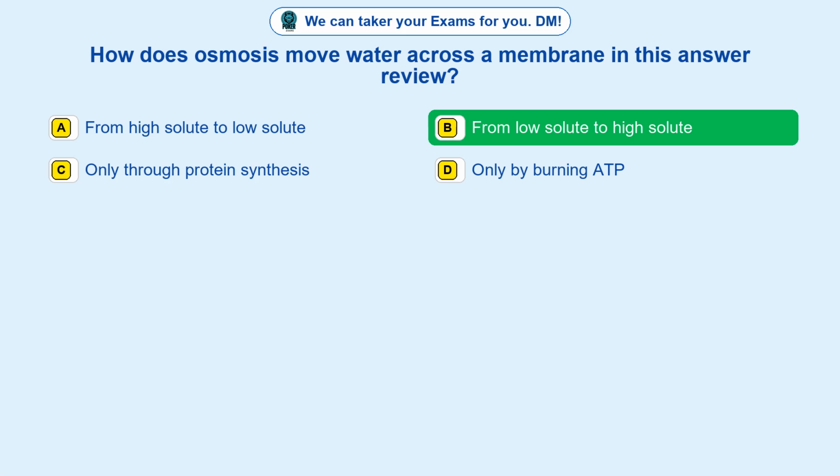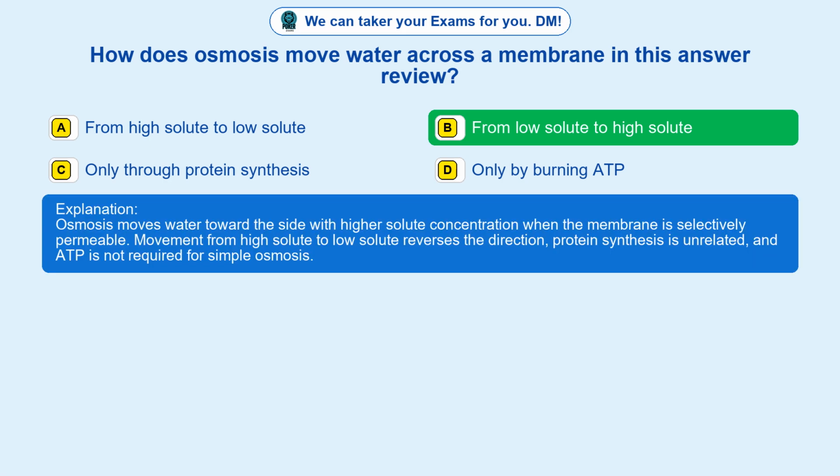The correct answer is option B, from low solute to high solute. Osmosis moves water toward the side with higher solute concentration when the membrane is selectively permeable. Movement from high solute to low solute reverses the direction. Protein synthesis is unrelated, and ATP is not required for simple osmosis.